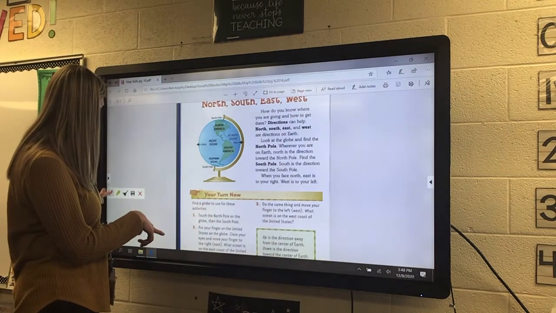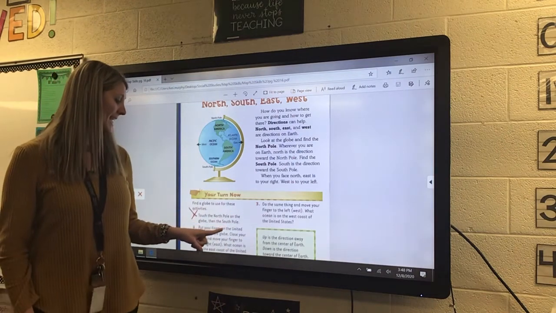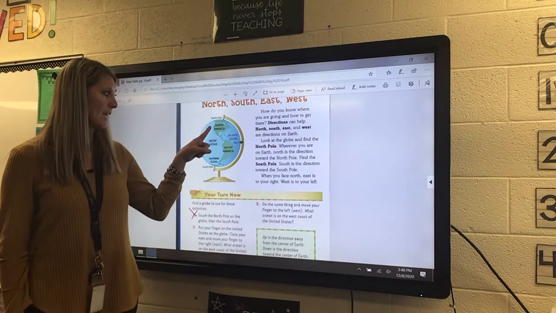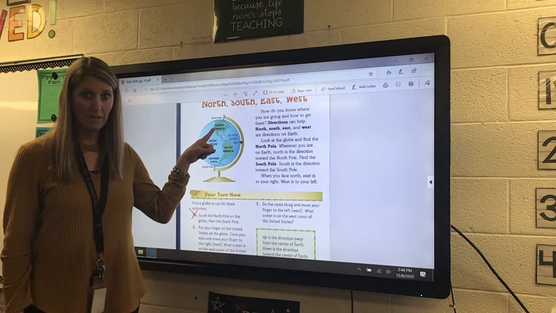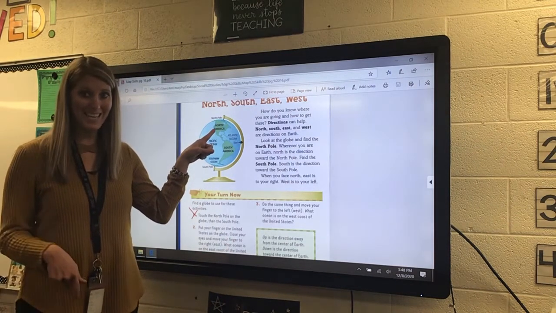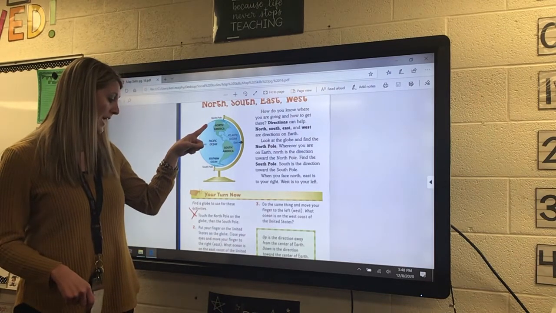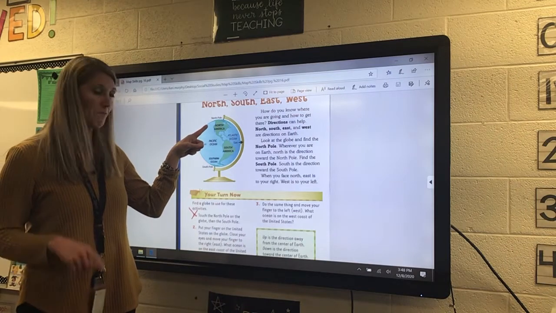And Mrs. Murphy is coming. All right, number 2 says put your finger on the United States on the globe. All right, find North America. Up here is where the United States is. We are in the continent of North America. Now, close your eyes and move your finger to the right, which is east.